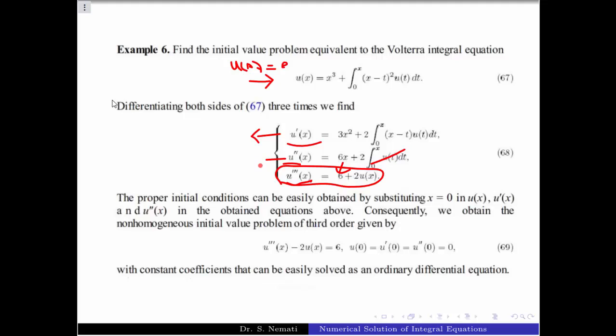The next equation gives the second derivative of u at 0, and once again it equals 0. So our differential equation is given this way, and our initial conditions are given by 0. And this is the equivalent initial value problem to the equation given in 67.